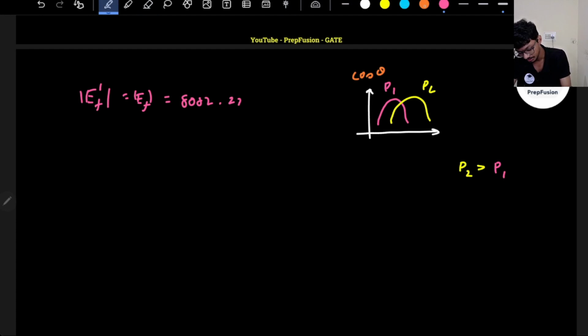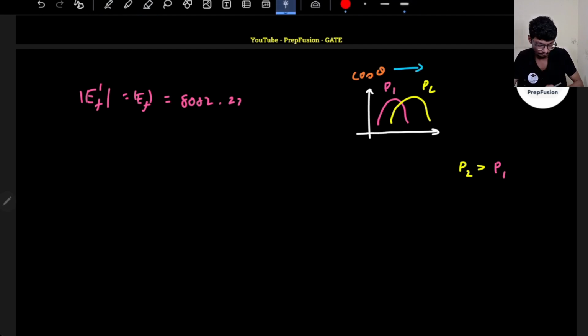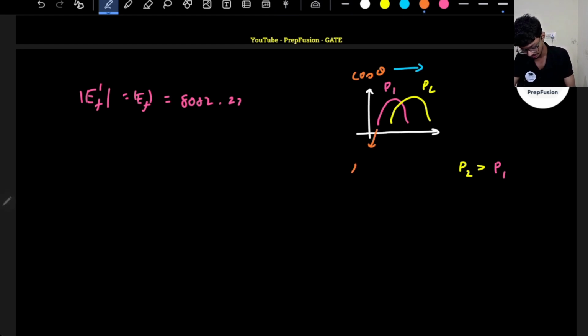If the graph shifts to the right hand side, that basically means that initially for a motor, under excitation, so low flux, it needs reactive power, so initially it will be lagging. It was at nominal excitation, but keeping the same excitation in the P2 graph, because power has increased, it will be in the lagging region only, because the left hand side of the nominal excitation is the lagging region.